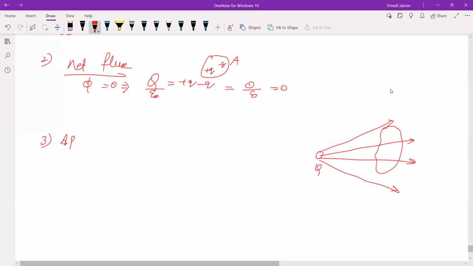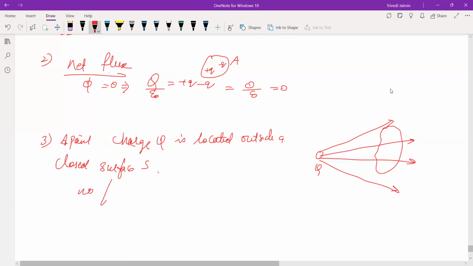So a point charge Q is located outside a closed surface S. What we'll do here, we'll see how many field lines are passing through that area.